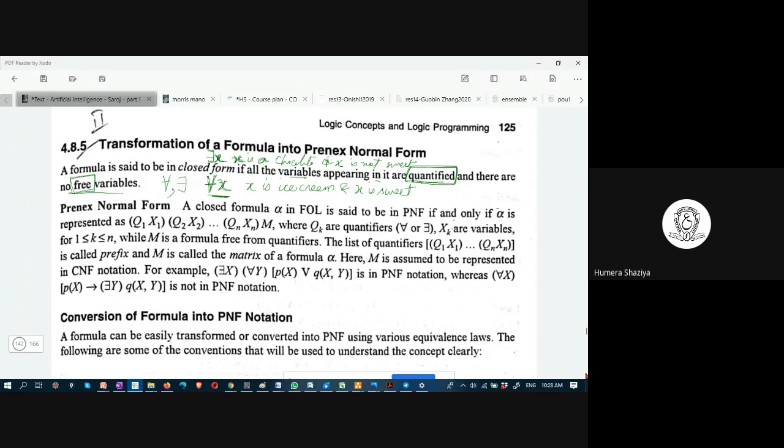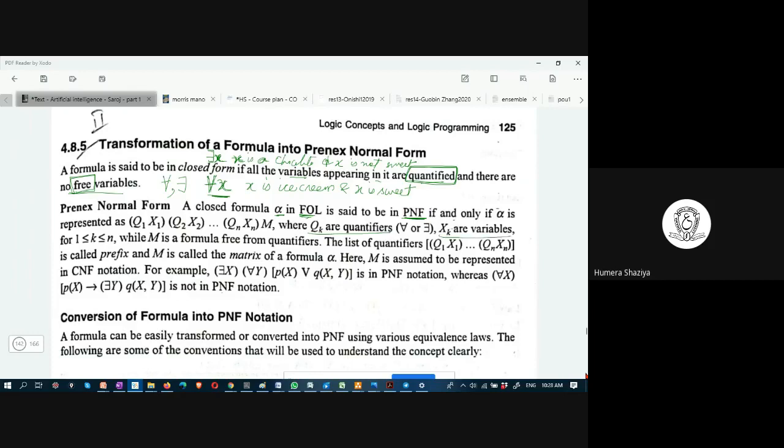What is prenex normal form? A closed formula alpha in first order logic is said to be in prenex normal form if and only if alpha is represented as Q1 x1, Q2 x2, and so on, followed by M, where Qk are quantifiers, which are for all or there exists, and xk are variables.